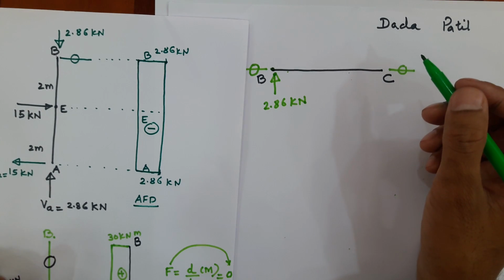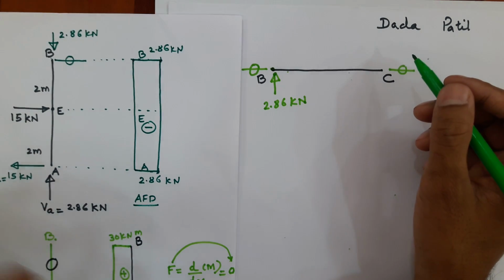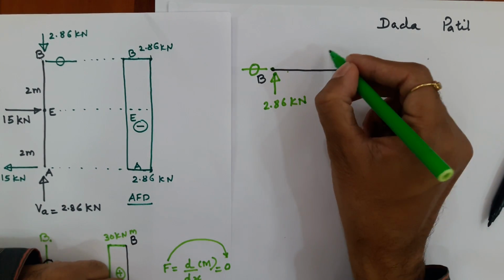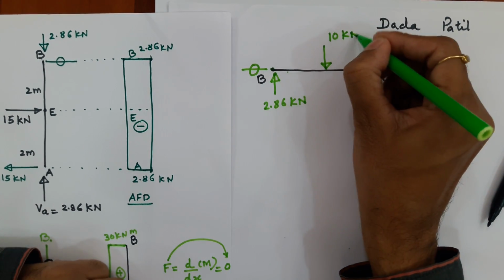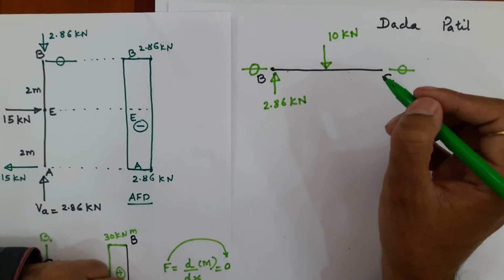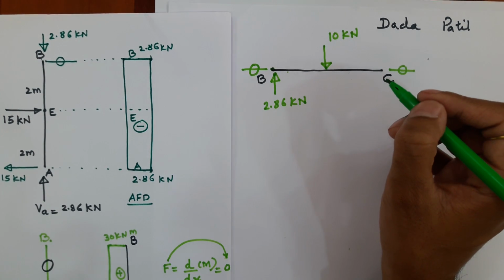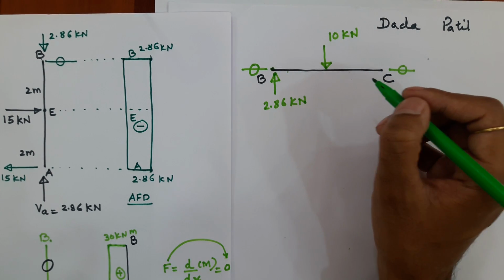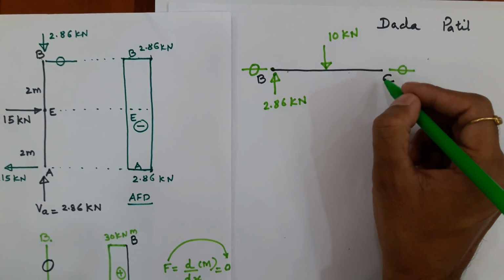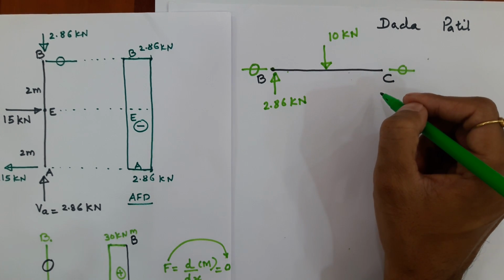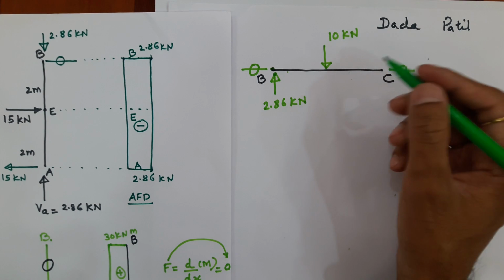Again it is obvious that there is one 10 kilonewton load already given in the problem in the downward direction. Therefore, if I want to calculate the reactive force at C, very simple.